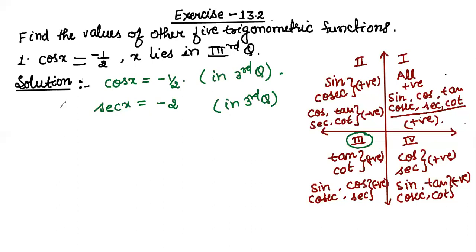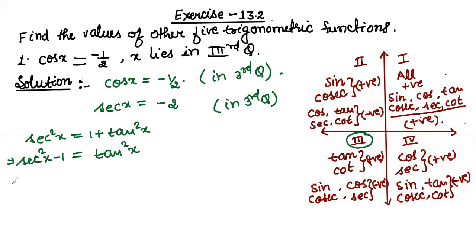Then we can find tan x by using the formula: sec square x equals 1 plus tan square x. So we can write sec square x minus 1 equals tan square x. So tan square x equals sec square x, that is minus 2 whole square, minus 1.